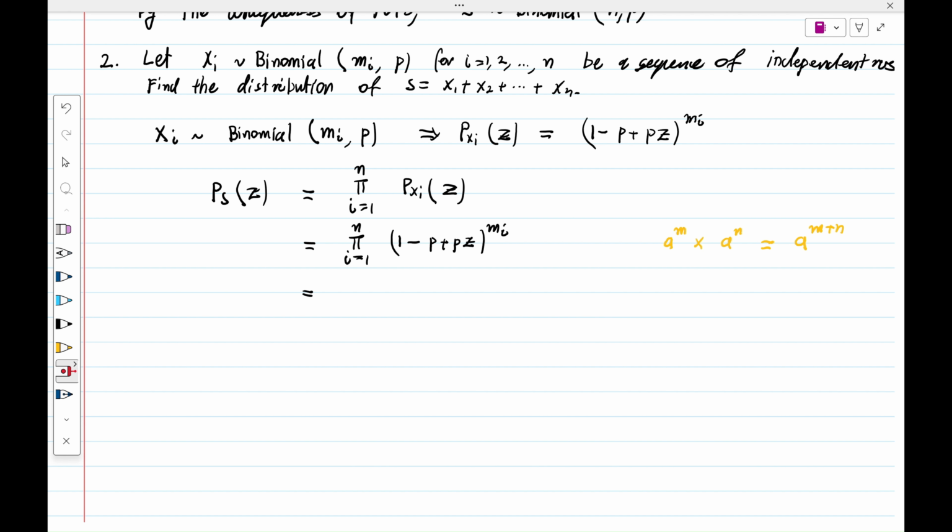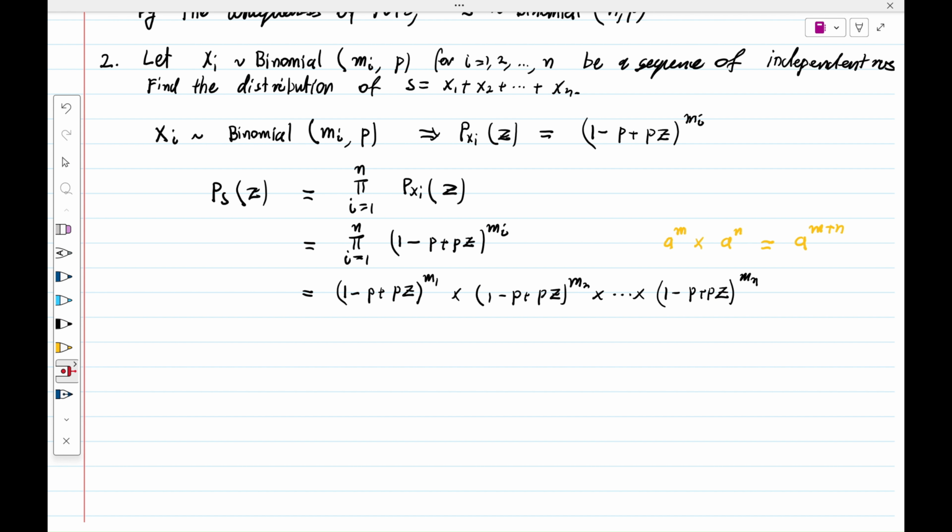But in the context of this particular product here, what you'll notice is that if I were to expand this product, this would look like (1 minus p plus pz) to the power of m1, times (1 minus p plus pz) to the power of m2, and so on, times (1 minus p plus pz) to the power of mn.